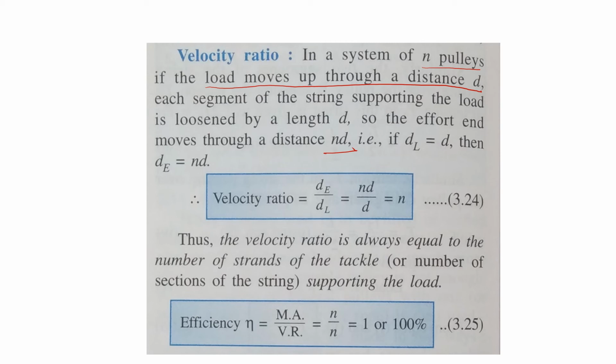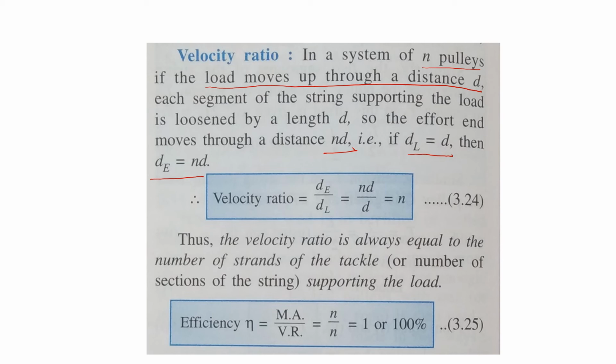If dL is equal to d, that means the distance moved by the load is d, then the distance moved by the effort will be nd, where n is the number of pulleys.